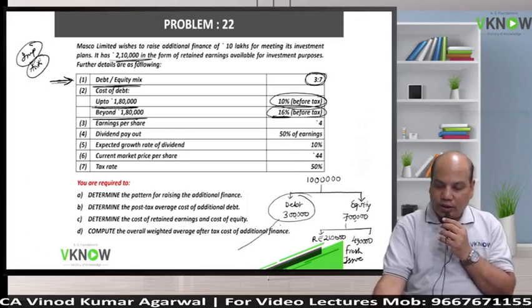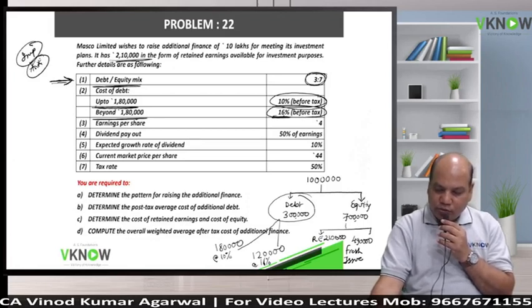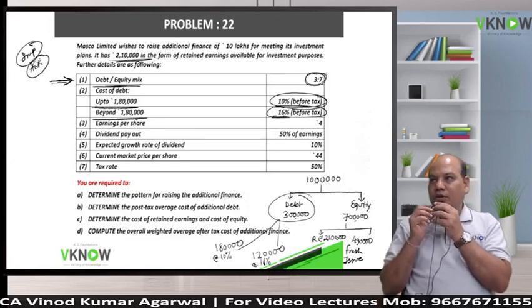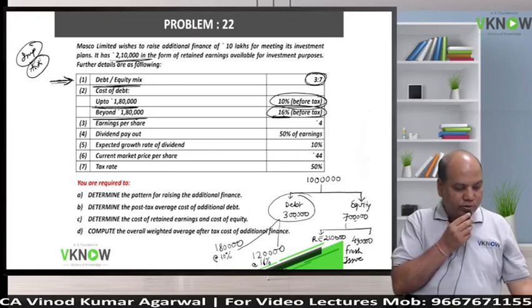So debt again will have to raise 1,80,000 first and then 1,20,000. This 1,80,000, the interest rate is 10%. But when you keep on adding more and more debt, the cost of debt will rise and it will become 16%. Oh my God. Is it right?